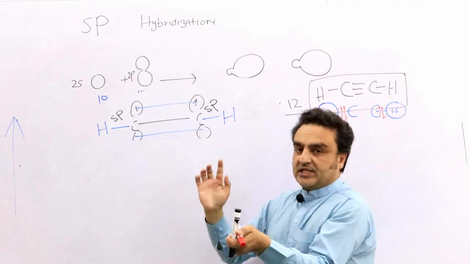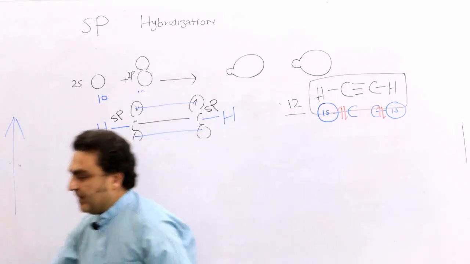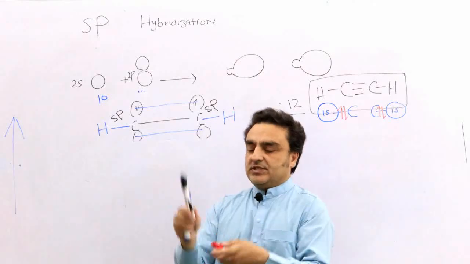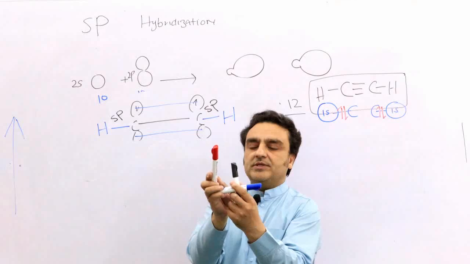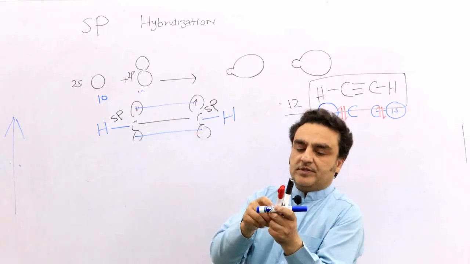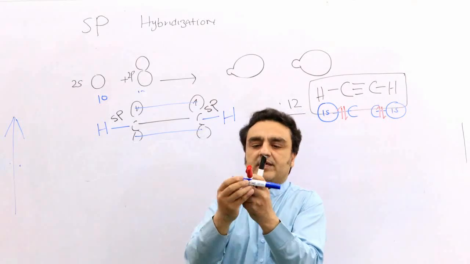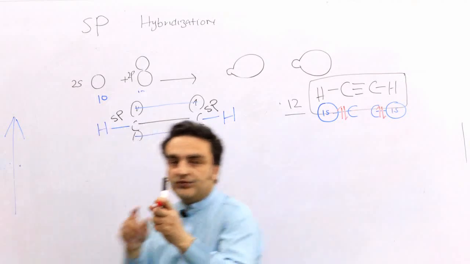So these are left behind. And if you want to do with this structure, as you know, this is a p orbital, the other p orbital is perpendicular to this one and the other p orbital is perpendicular to this one. Okay, so let's see, this p orbital is in a plane. So this is used in hybridization. Now you have two left with you.